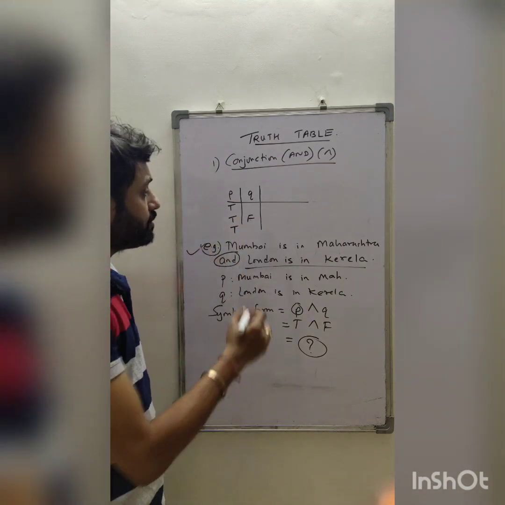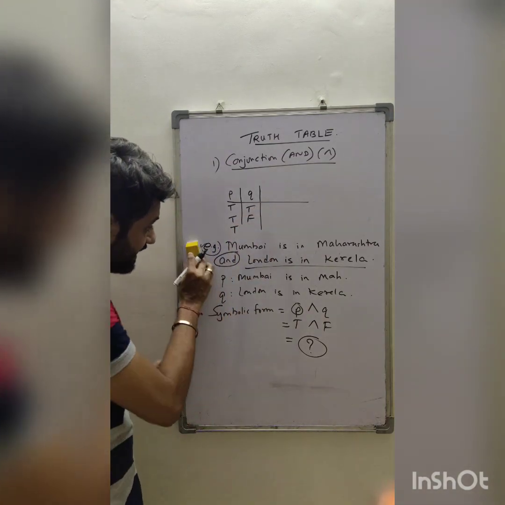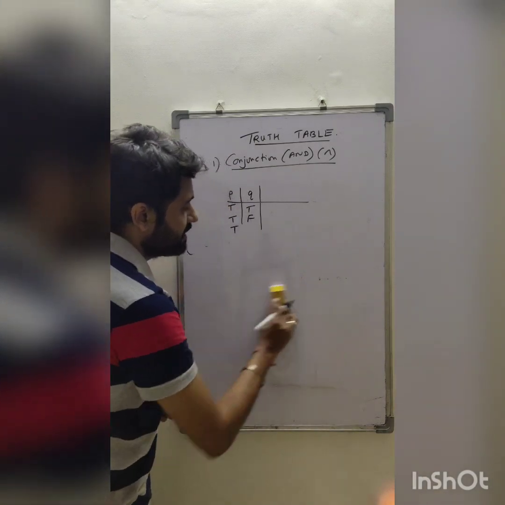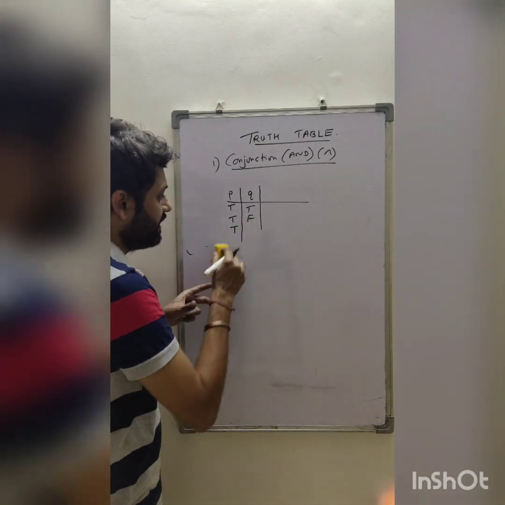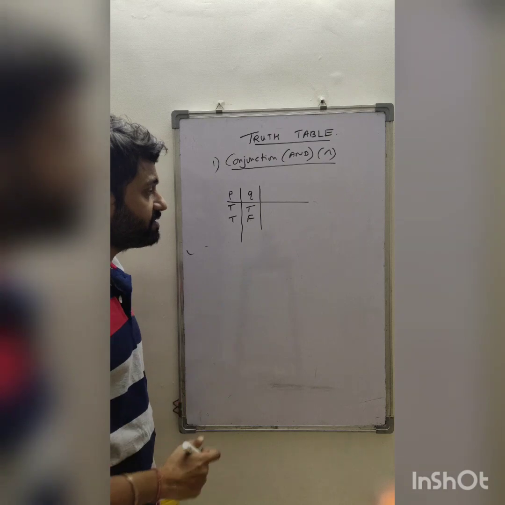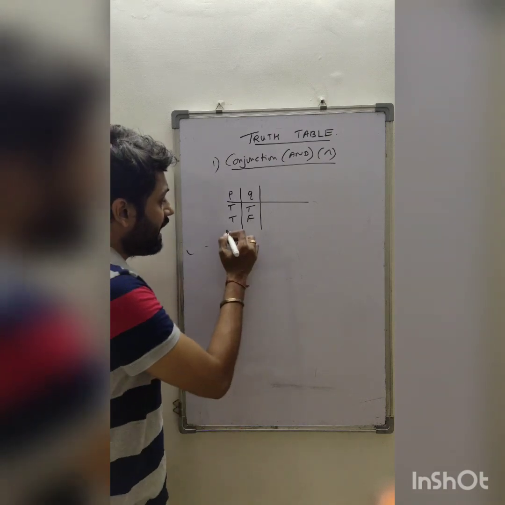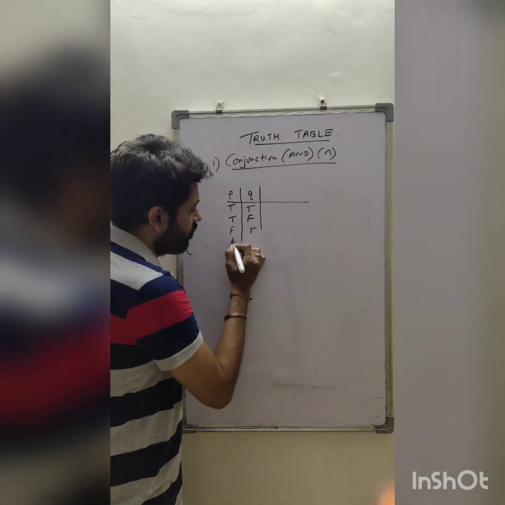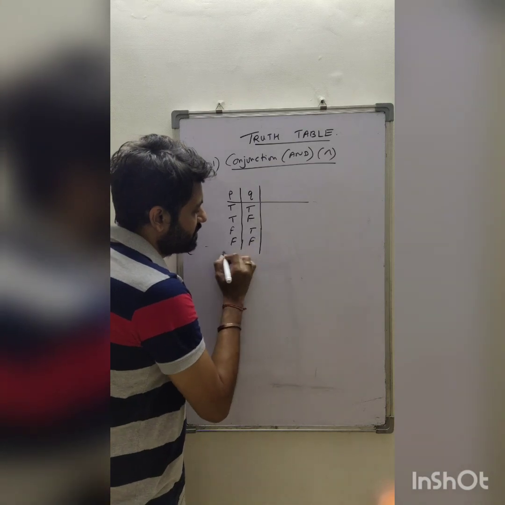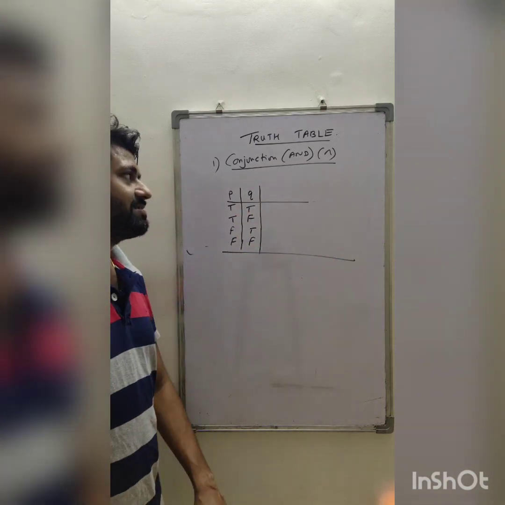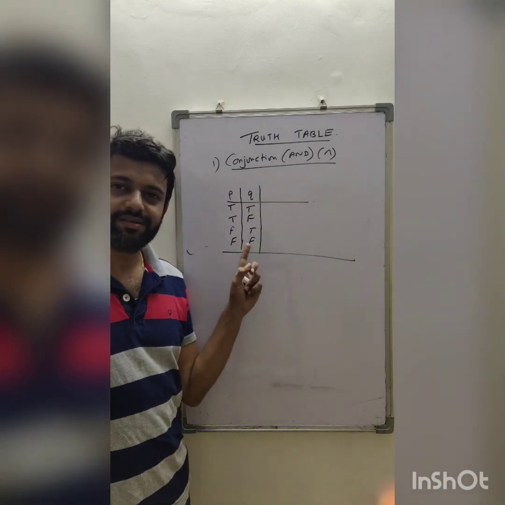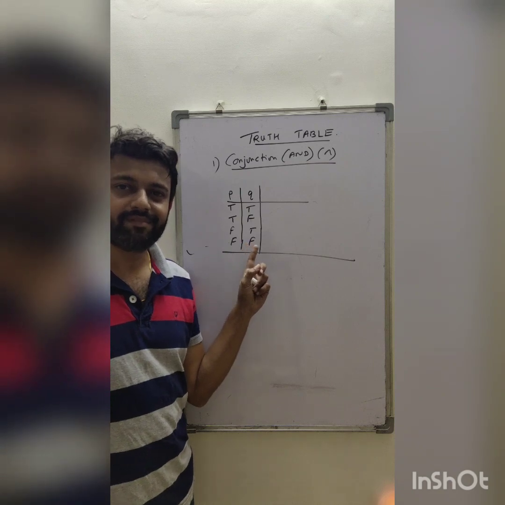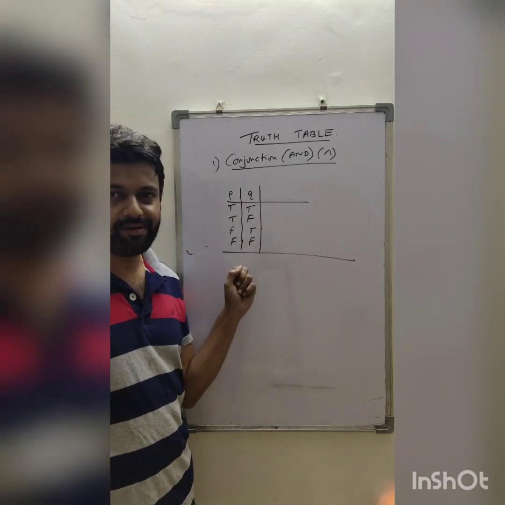Sir, can it happen that both are true? Yes. It can happen: first true, second false, like what we studied. It can happen false, true, and false, false, both false. So these are the cases that exist in a truth table.